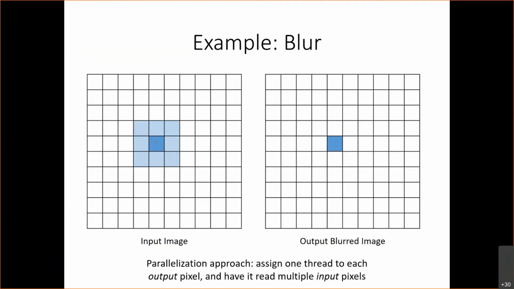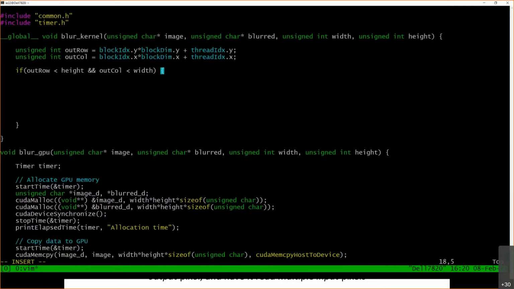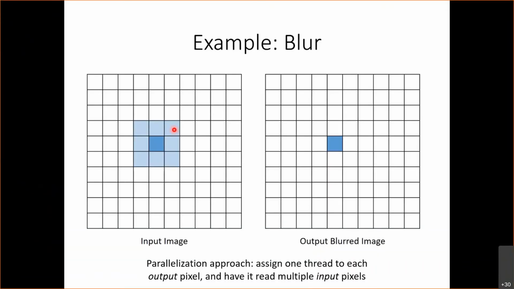Okay, so now what does this thread need to do? Well, it needs to loop over this square over here. It's going to start from up here and loop over. So how does it find where to go? Well, it's going to do the central pixel minus 1 in the x dimension and minus 1 in the y dimension to get here.